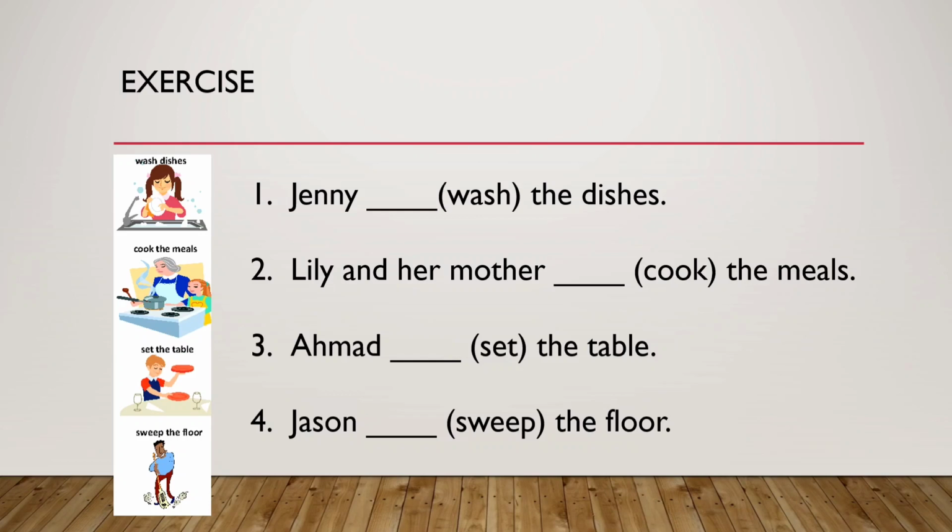The clue is you need to look at the person. Then you can identify the subject pronoun. After you identify the subject pronoun, you can choose the suitable verb to be, is, are, or am, together with going to.